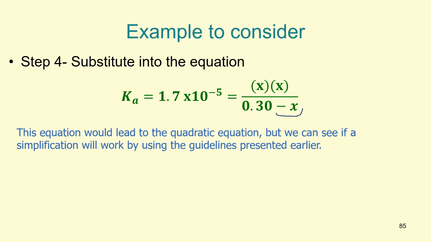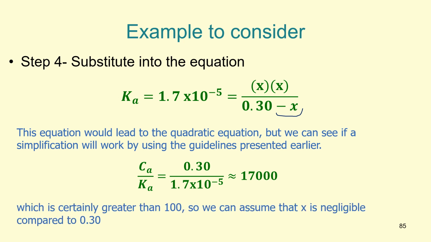So how do we do that? What we want is Ca over Ka. So Ca, which is just from the problem, 0.3, divided by Ka, which is 1.7 times 10 to the minus 5, is about 17,000. So clearly that's much greater than 100. What that tells us, and I don't want you to omit this, when you're writing a problem, I want you to write this down, because if you're doing a mathematical proof, you don't just say, well, oh yeah, that equals X squared over 0.3.